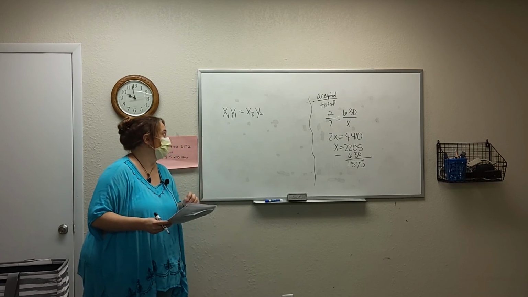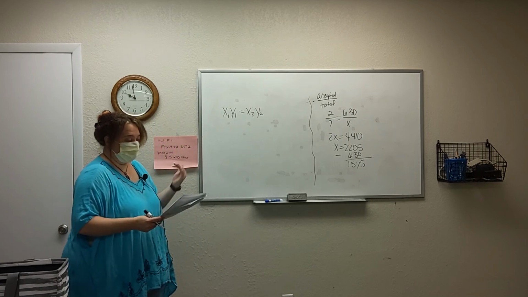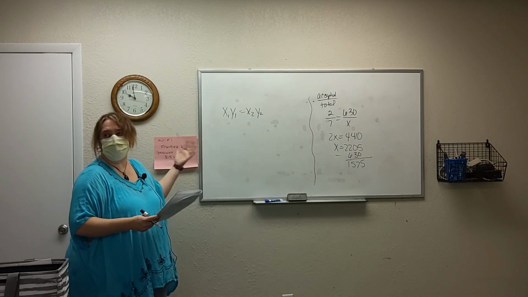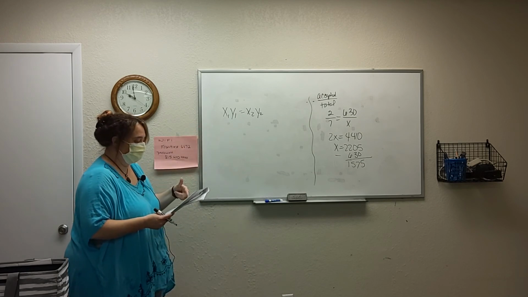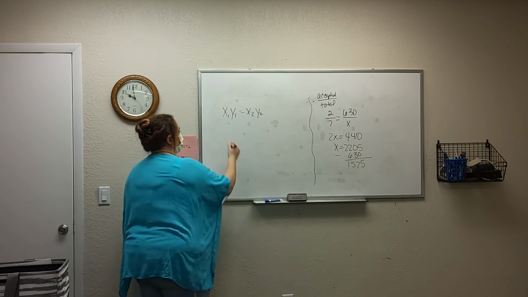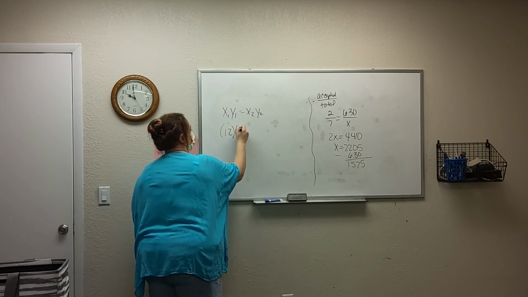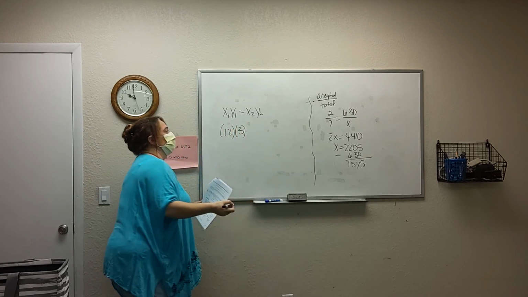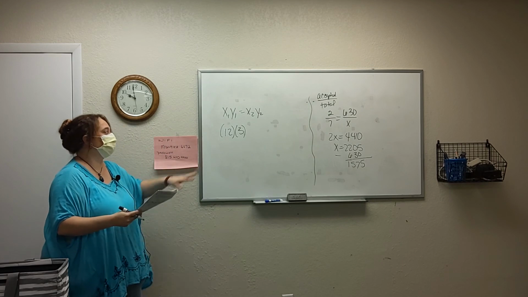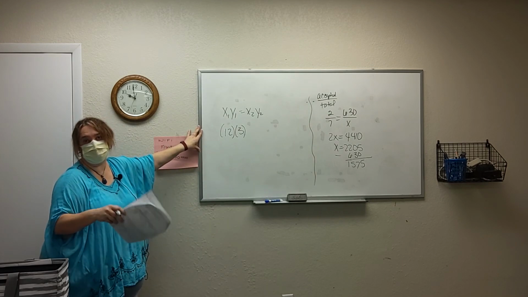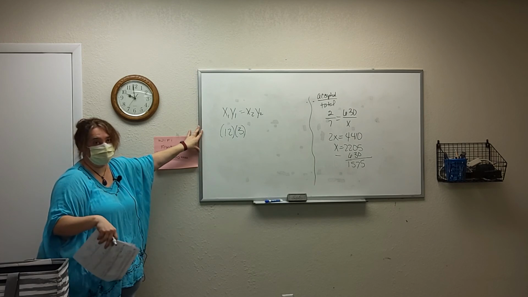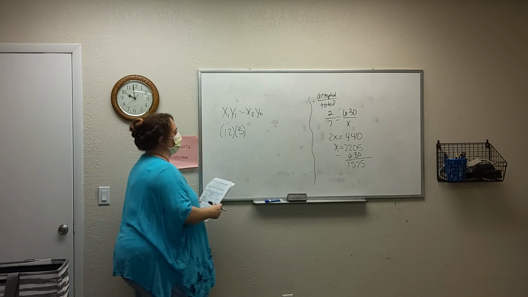All right. So in the first case, you don't really need a label with this one because you're multiplying, so order doesn't really matter. So in the first case, you have 12 vultures taking 3 days. And you can either leave this in days currently, or you can switch it to hours now. I'm going to choose to leave it in days at the beginning, and I'll switch it to hours at the end. But you can do it either way.